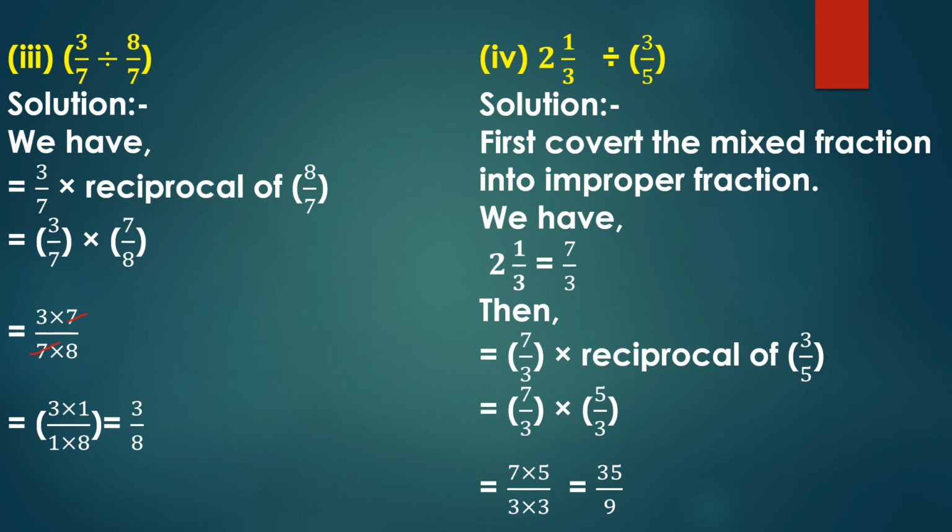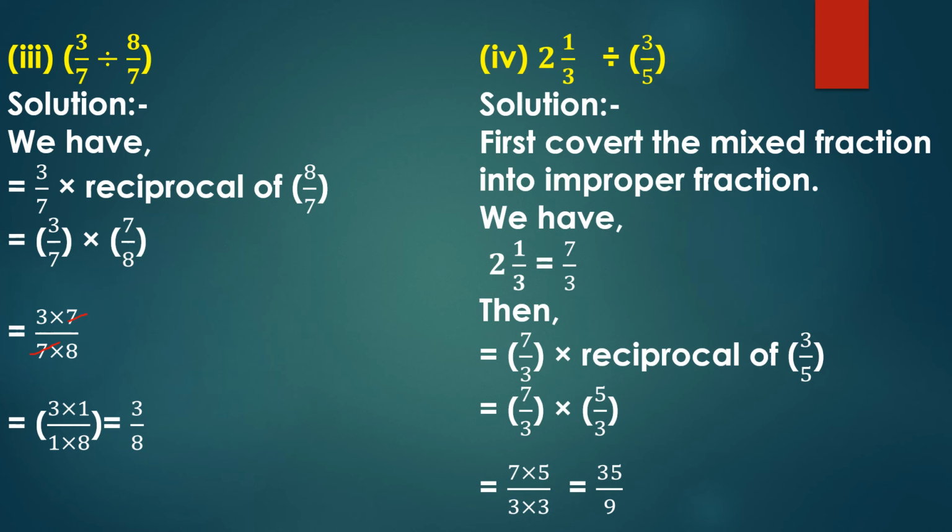Okay. The next one, 2 1 by 3 divided by 3 by 5. Here we have a mixed fraction, so let us convert it into an improper fraction. Then 2 1 by 3 equals 7 by 3. Now what is our question? 2 1 by 3 divided by 3 by 5, which is equal to 7 by 3 into the reciprocal of 3 by 5.